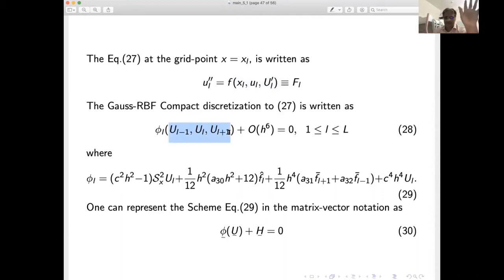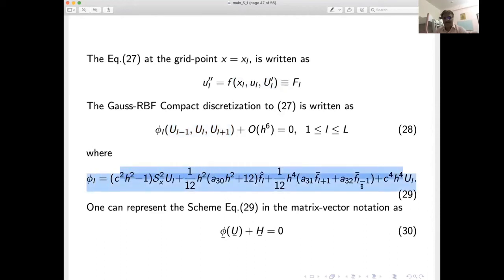That is some function. I have denoted that some function by phi_l. And in our case, this phi_l is coming out to be this. This is what your scheme actually is. And of course, uppercase U is exact, so it definitely appears with order h^6.